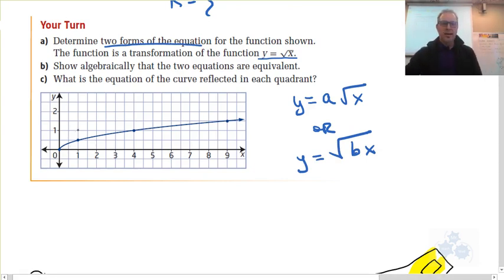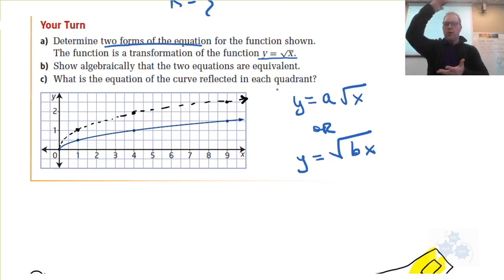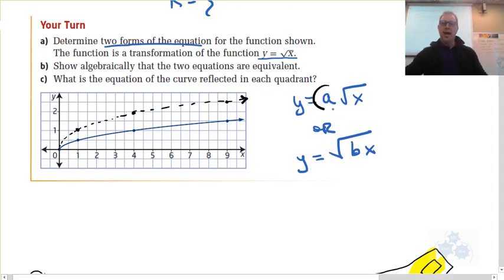I'm going to sketch the original function: 4, 2, 9, 3, and so on. Guys, stay with me back there. This is y equals root x in black that I'm drawing right now. That's y equals root x. So it looks like this has been squished down. We could probably calculate pretty easily that it's been compressed. That is the A value.